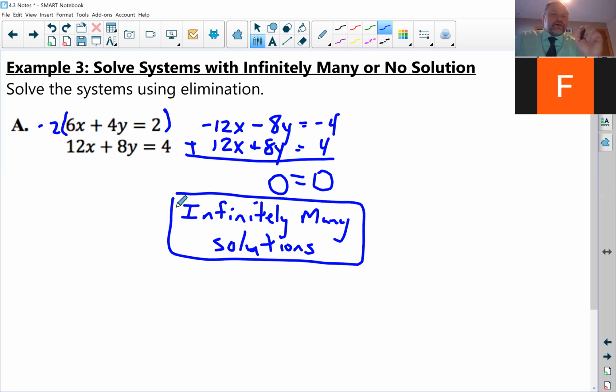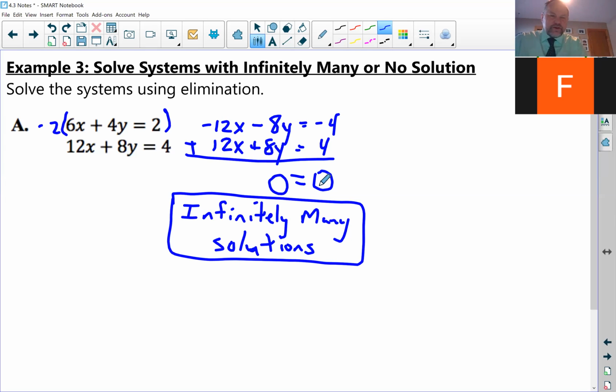With solving by elimination, the only way you're going to get infinitely many solutions is you'll have 0 equals 0. It has to be that way with elimination. With substitution, it could be 2 equals 2 or 5 equals 5 or -7 equals -7.